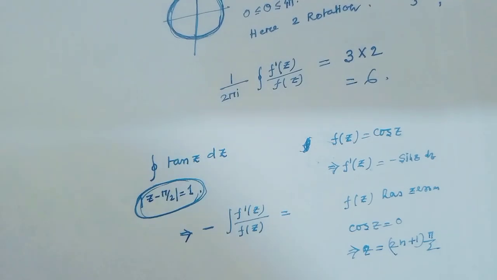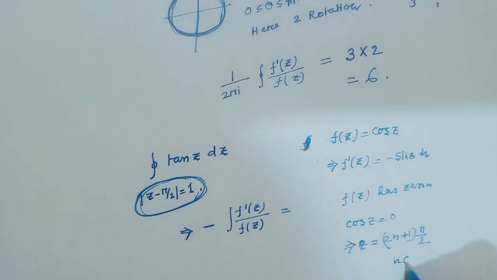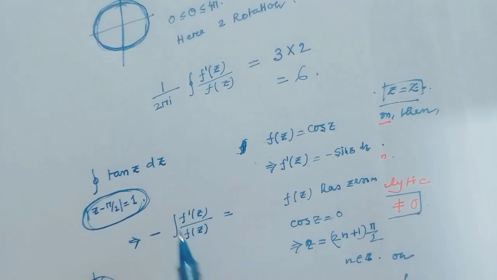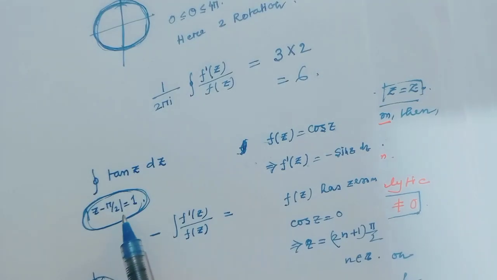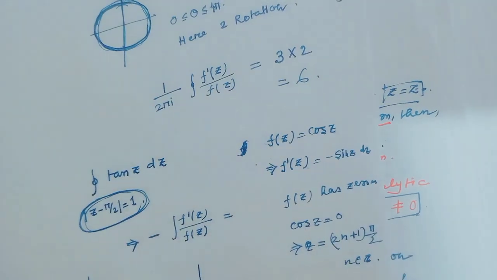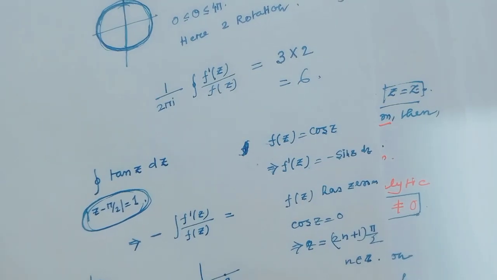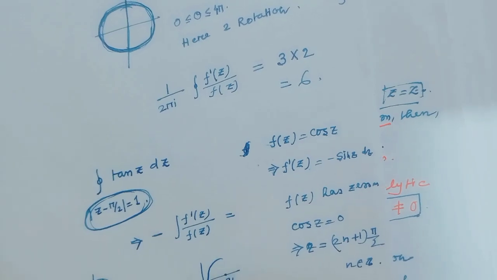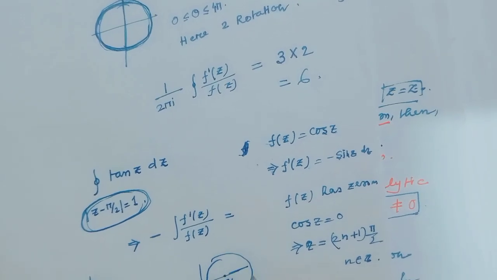That means this function has zeros at the points 2n plus 1 pi by 2 where n belongs to integers. And here the contour is mod z minus pi by 2 equal to 1. That means the unit circle about the point pi by 2.